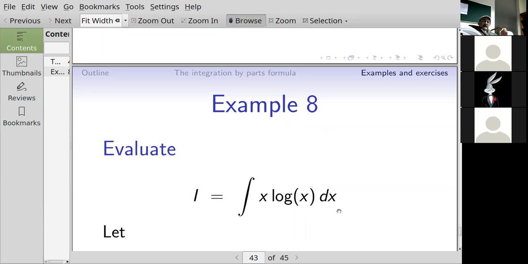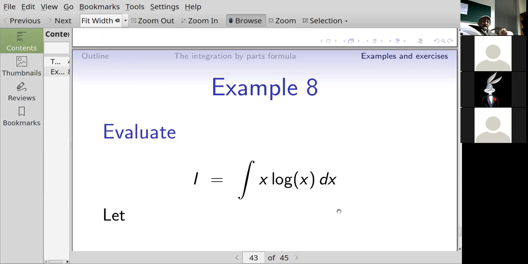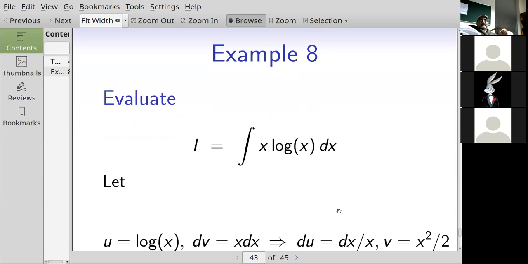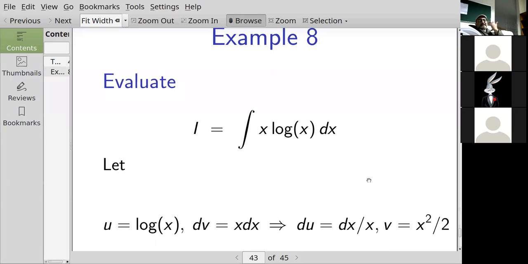So we take u equals log of x. Yeah, okay, so that's right. So sometimes both possible choices will work, right? But let's take this choice. u equals logarithm of x. dv is what's left over. So if I've used log of x for u, what's left over is x dx.